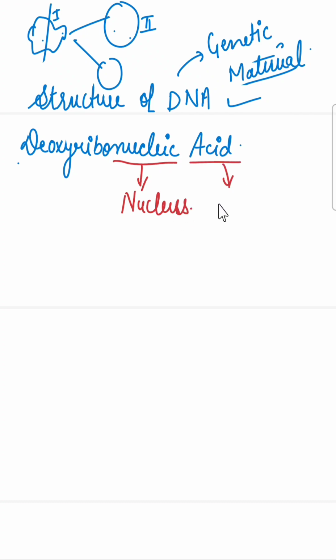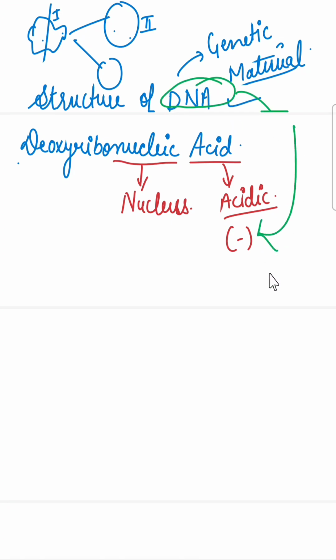Acid describes the nature of DNA, that DNA is acidic in nature, and since it is acidic, it has a negative charge over it. So one question that comes here is which charge is present on the DNA, and that is negative charge. This is the concept of your NCERT as well, and this is a mostly asked question.